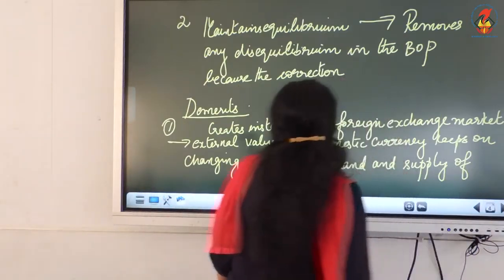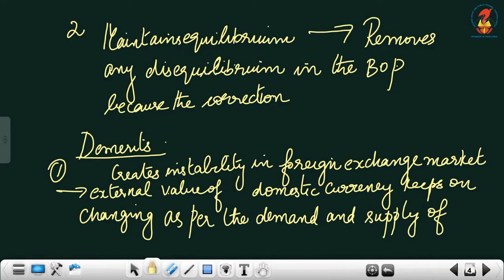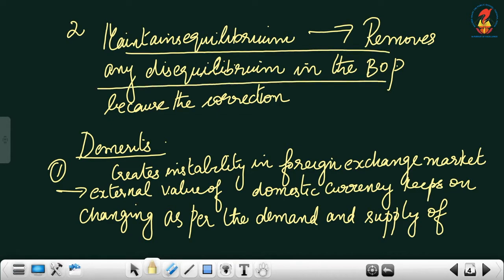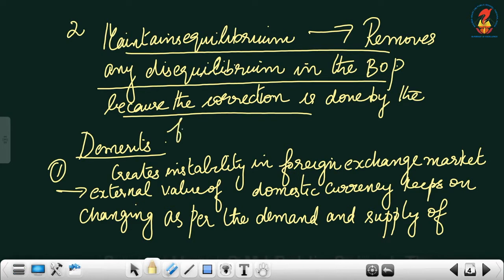Now the next merit of the flexible exchange rate system is that it maintains equilibrium and removes any disequilibrium in the balance of payment, because the correction is done by the forces of demand and supply.